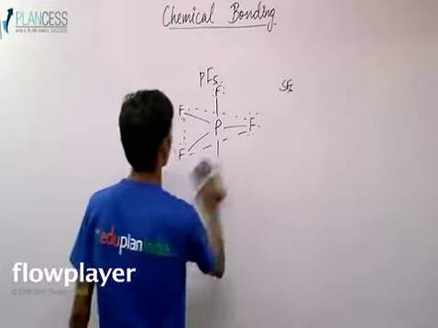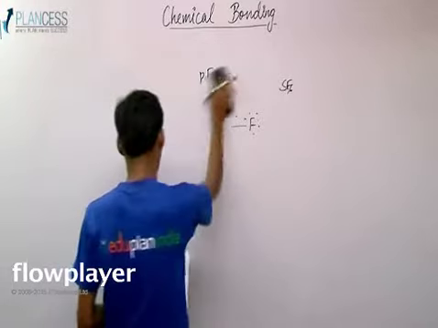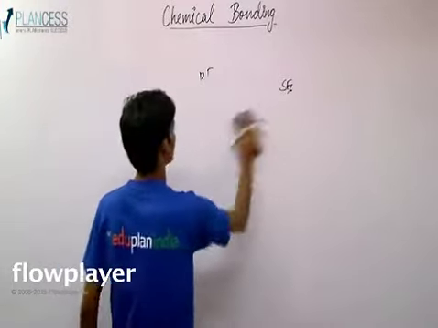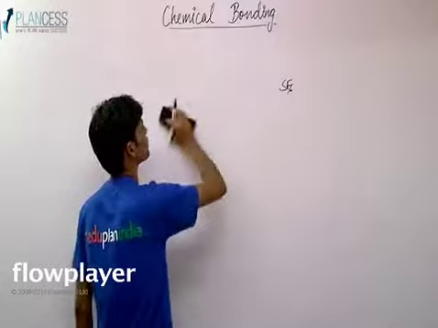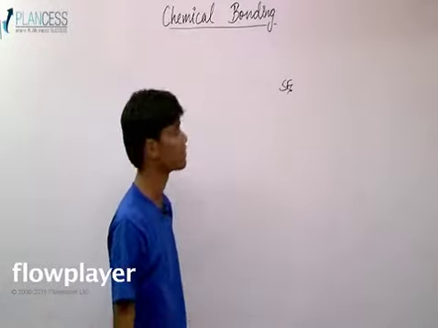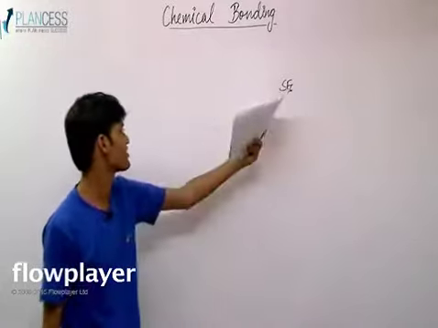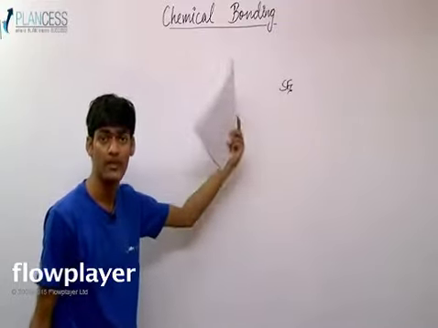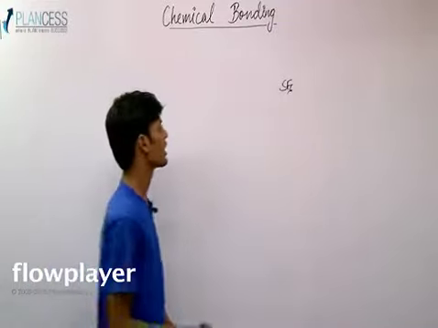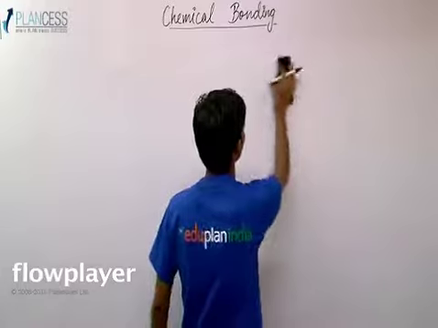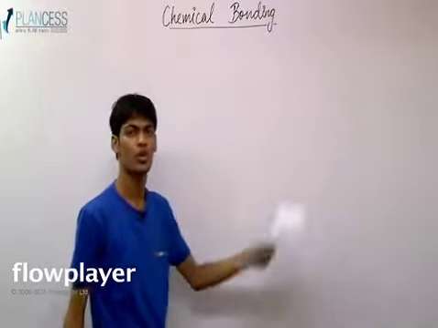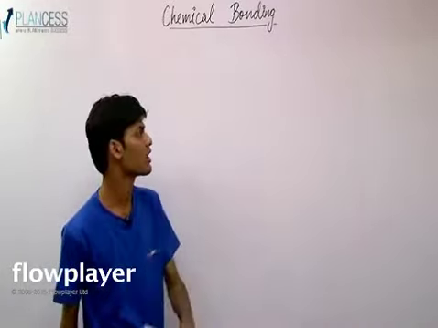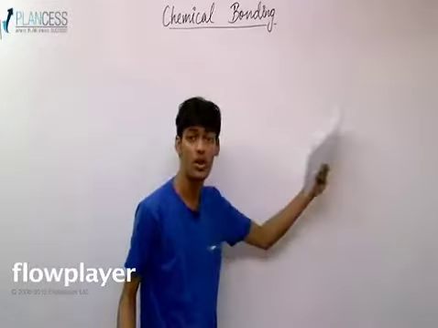Another drawback of the octet theory is that it doesn't account for the shape of the molecules. You can't comment on the shape of the molecules. You can't determine what would be the shape of SF6 or the shape of PF5. This cannot be determined. The octet theory is also based on the inertness of the noble gases, that the noble gases do not react, therefore they achieve the octet configuration.